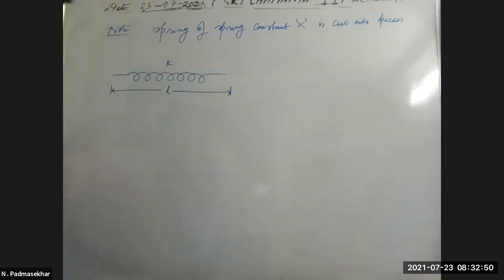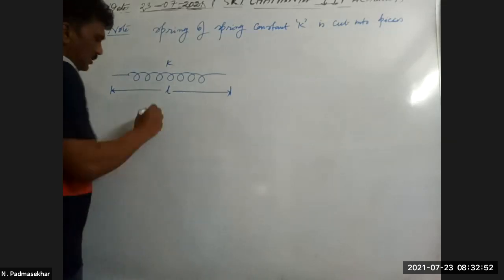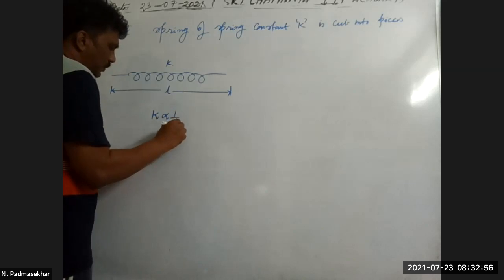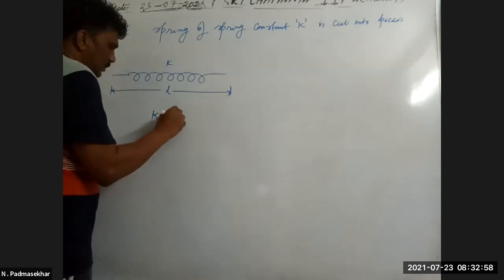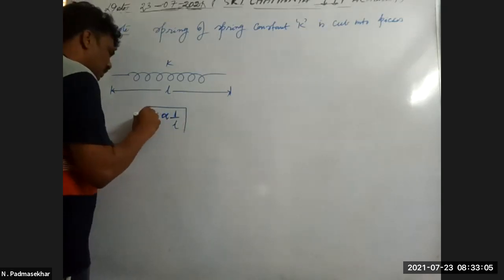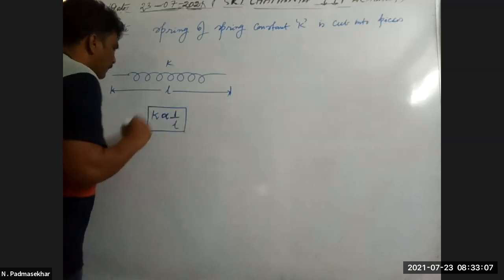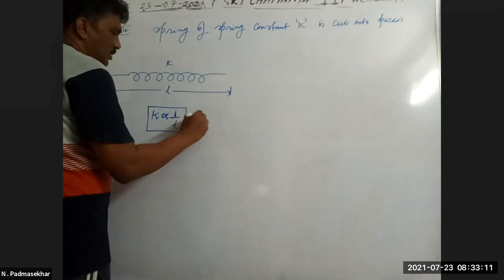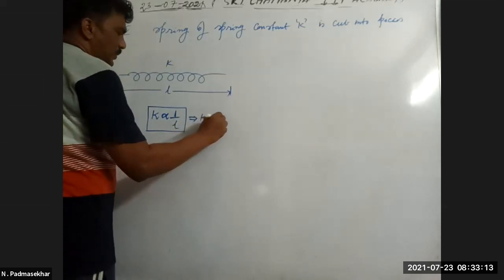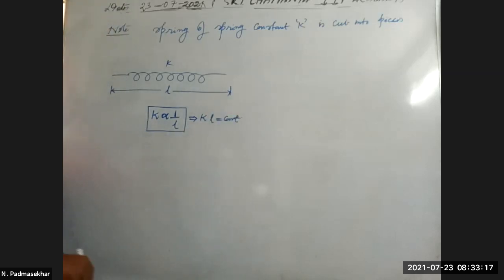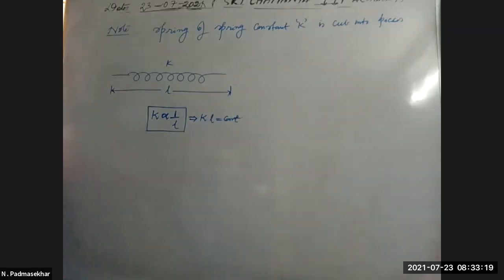In general, the spring constant is inversely proportional to length. Spring constant is inversely proportional to length means K into L is a constant.